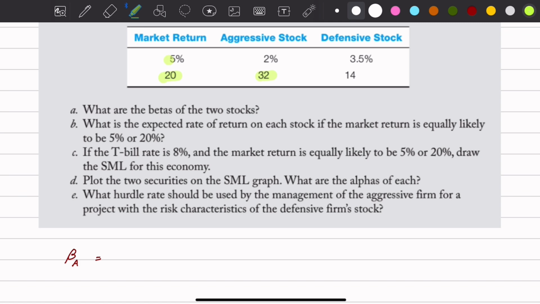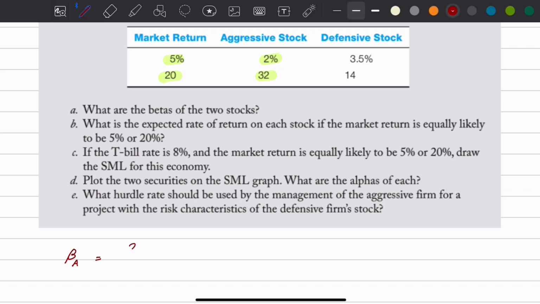So if the market is expected to generate 5%, our aggressive stock is only going to generate 2%. So for these, we're going to take this and calculate its difference and divide it by the difference in the expected market returns.